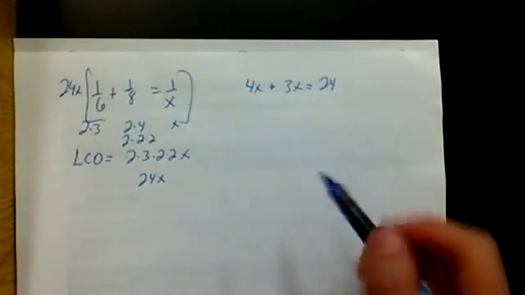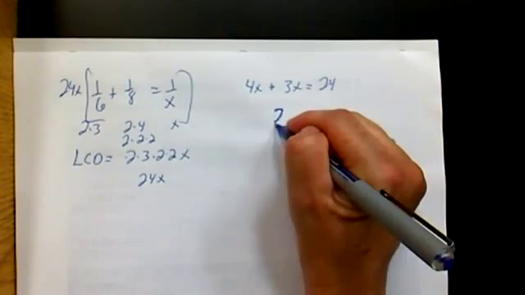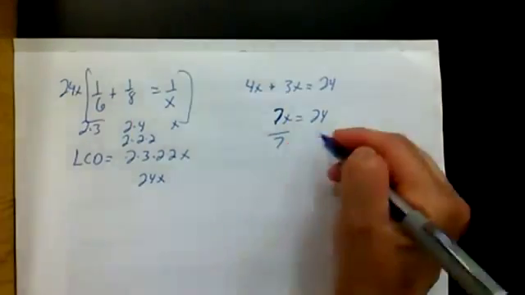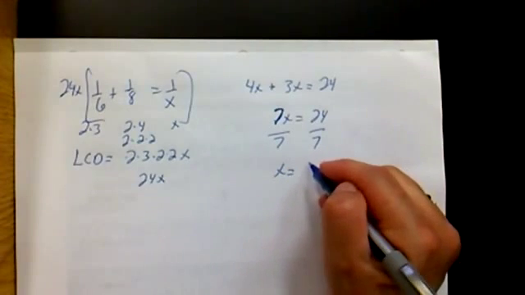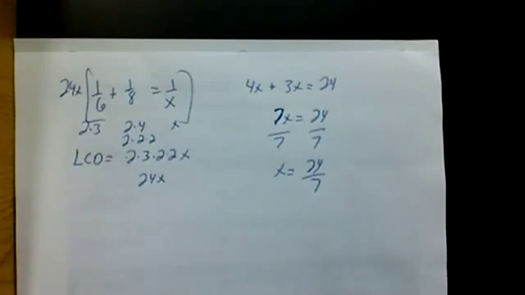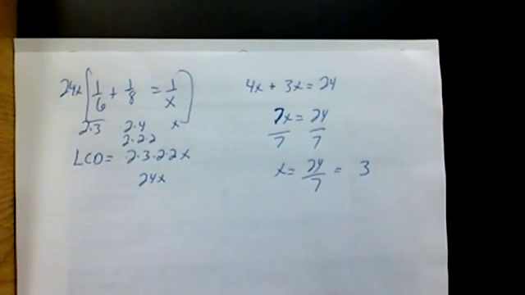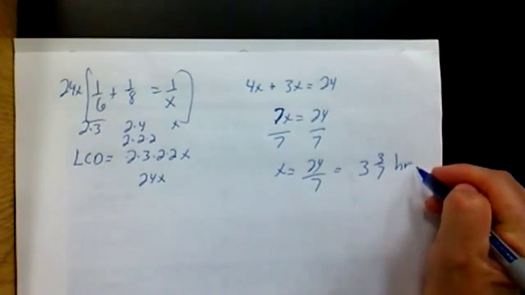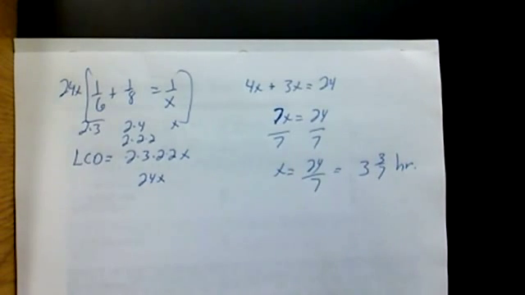So 4x plus 3x is 7x equals 24. Divide by 7. So we can find that working together, it takes them 24/7, or 3 and 3/7 hours to do the job together.